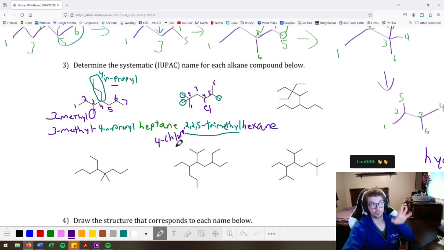So in this case, the 4-chloro comes before the 2,2,5-trimethyl because C comes before M, not T. The same way that we don't use the N in N-propyl to determine the alphabetical order, we don't use prefixes like dimethyl, trimethyl, tetramethyl, whatever.